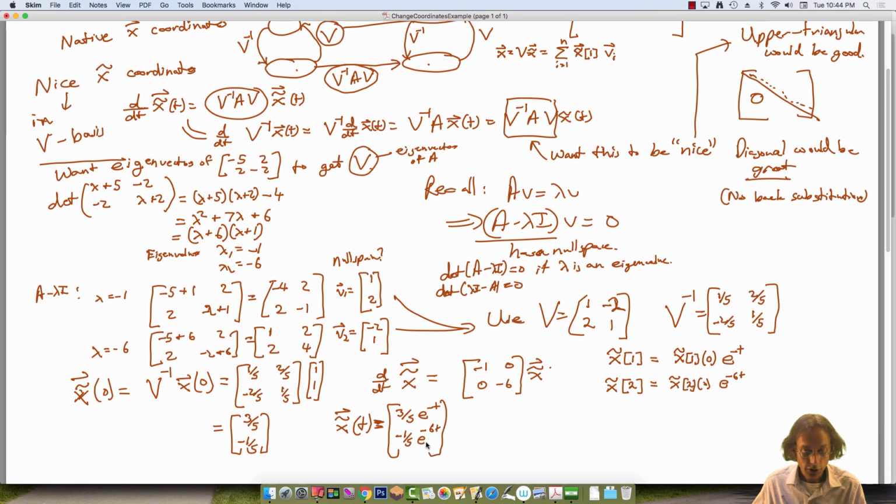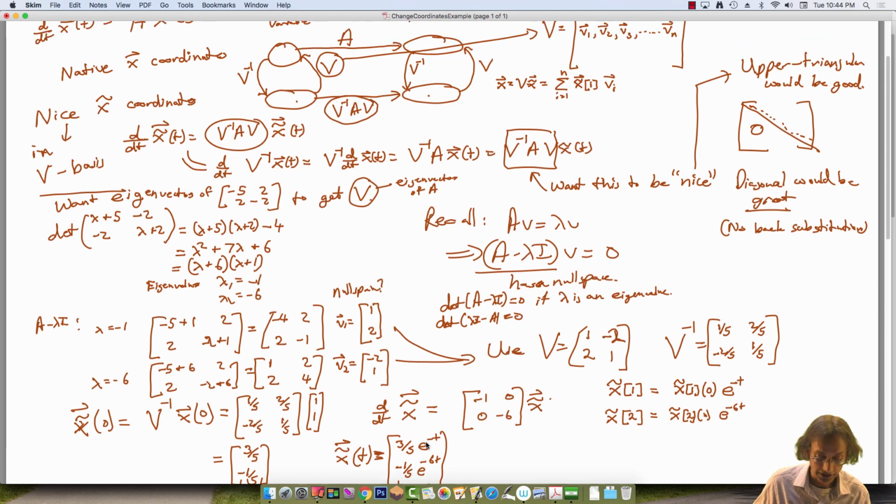Now, how do we go from x tilde, the solution in the new coordinates, the nice coordinates, back to the original?